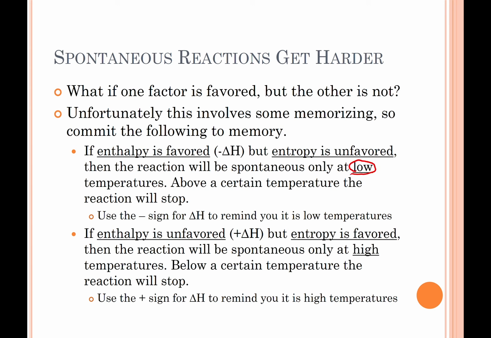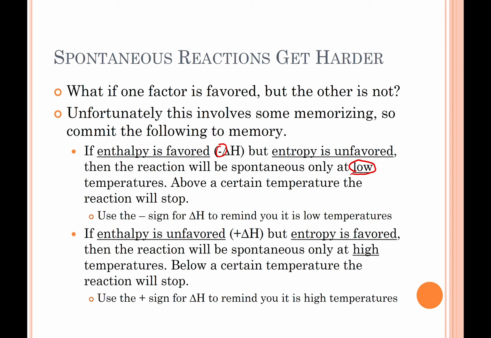Above a certain temperature, the reaction is going to stop, and that's due to the excess energy available at higher temperatures. And this negative value, the delta H, should help to remind you that it's at low temperatures. So enthalpy is favored, entropy is unfavored. At low temperatures, the reaction is going to be spontaneous.